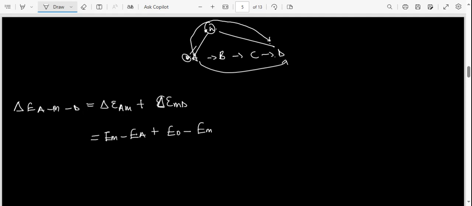Okay. So we can see that M and M go, right? So this concludes that still, the internal energy of D minus the internal energy of A, change. So it's still giving us the same thing even if we do this path.